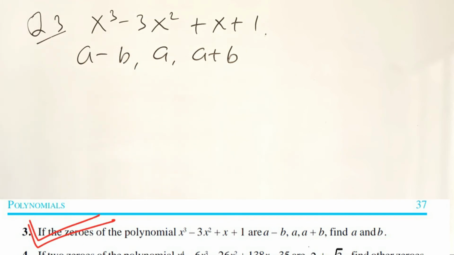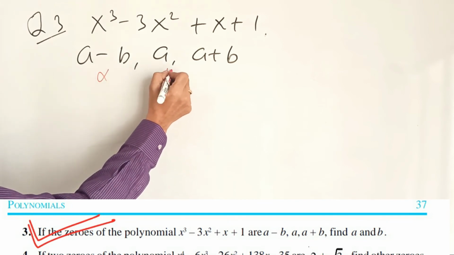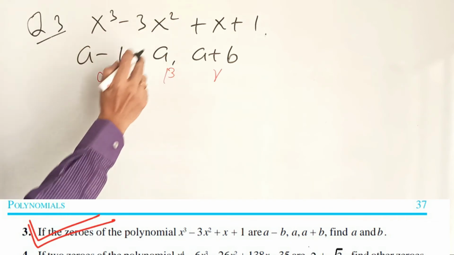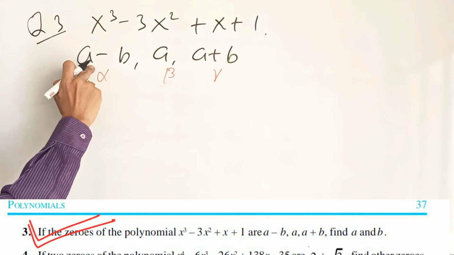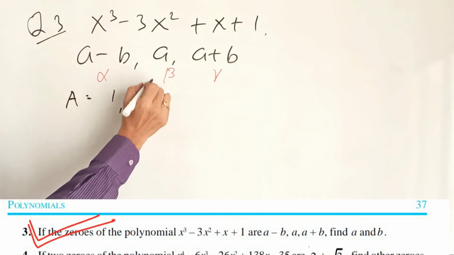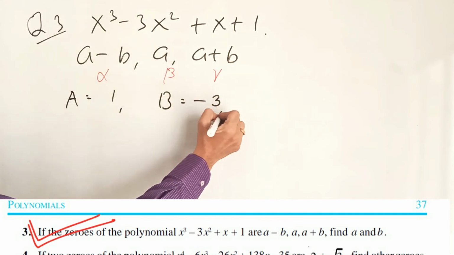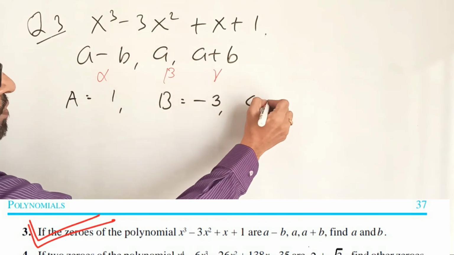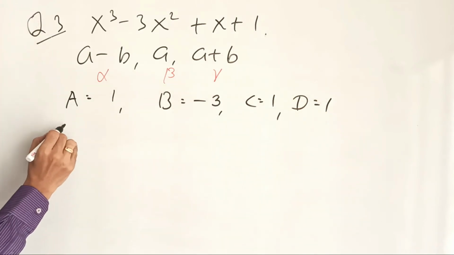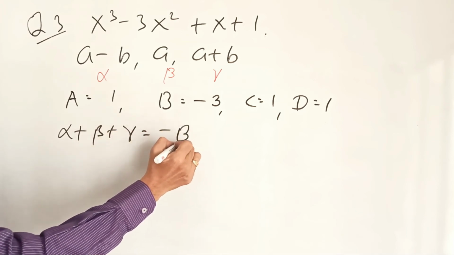So student, let us assume the zeros are alpha, beta, gamma. The first is alpha, the second is beta, and this is gamma. We also compare with the general form. I am not using small a, b, c because you may be confused with a and b. So a means the coefficient of x cube is 1, b means the coefficient of x square is minus 3, c the coefficient of x is 1, and d the constant is 1. Now alpha plus beta plus gamma is equal to minus b upon a.